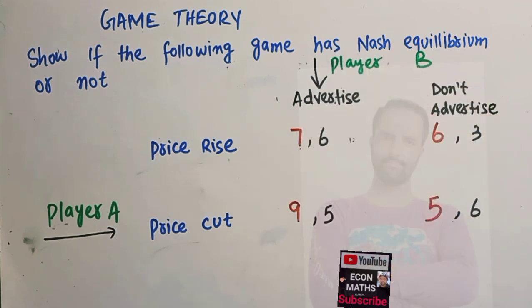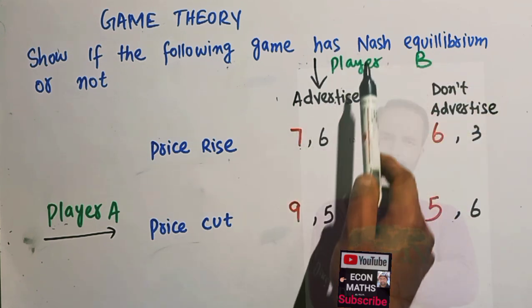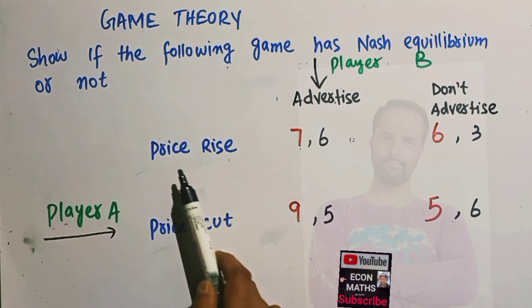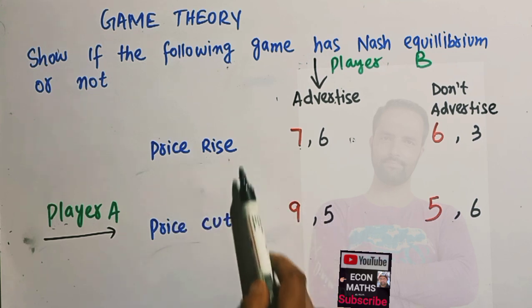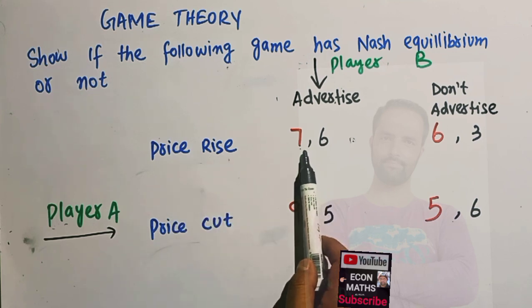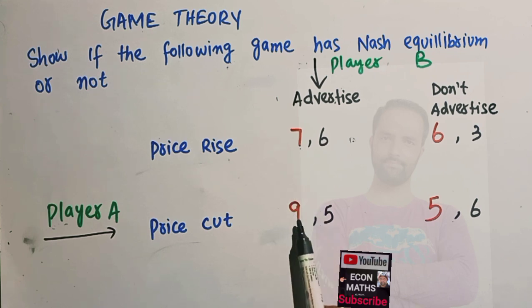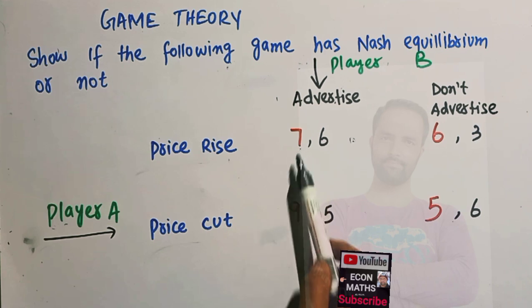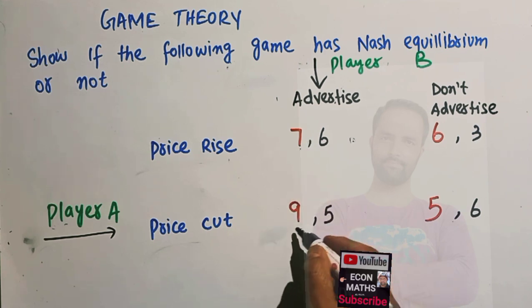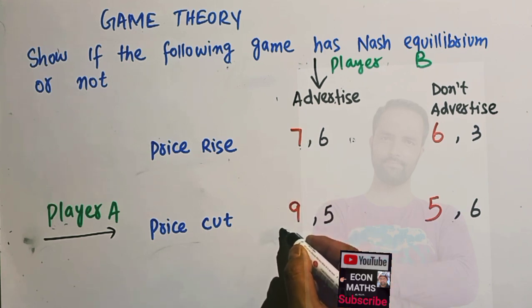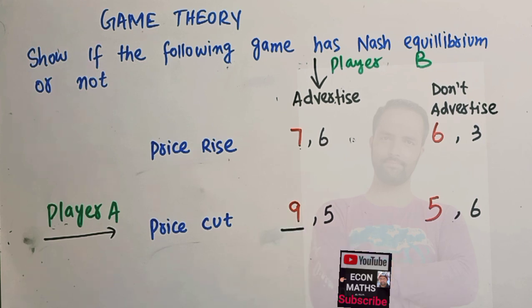If player B chooses to advertise, player A has two options, either to raise the price or cut the price. If he raises the price, he gets a payoff of 7. If he cuts the price, he gets a payoff of 9. Obviously, 9 is greater than 7. He will choose to cut the price, and let us underline it here.